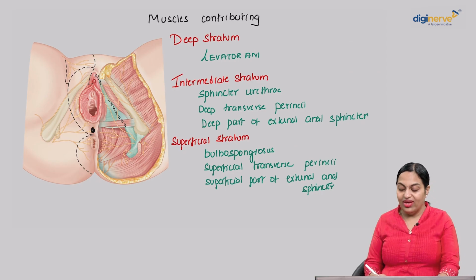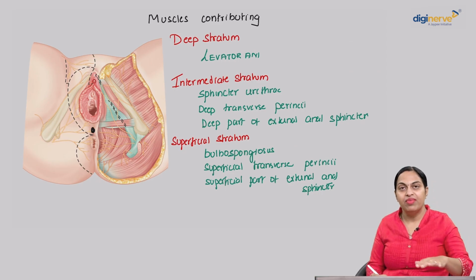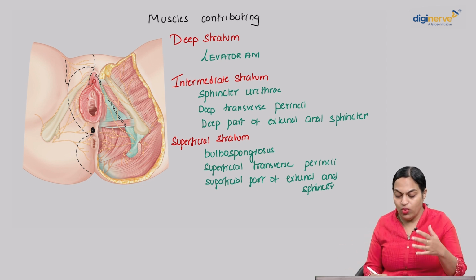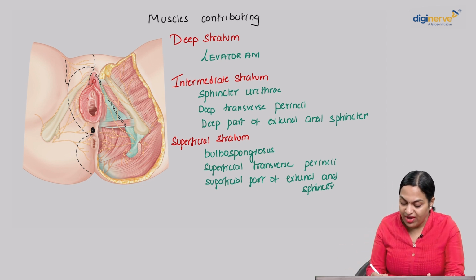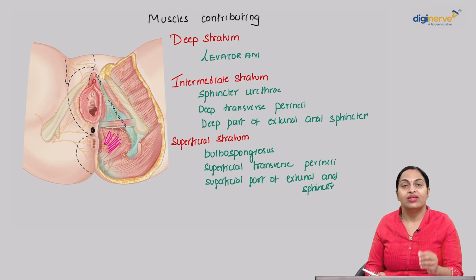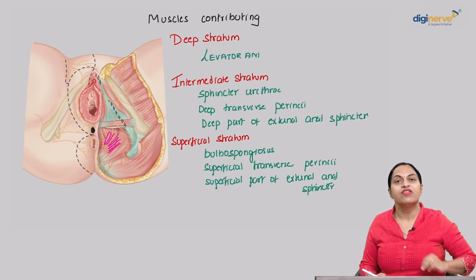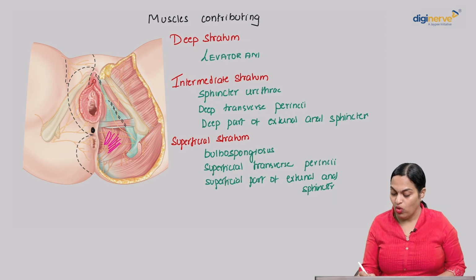It is arranged as a deep stratum, intermediate stratum and the superficial stratum. Over the deep stratum, the fibers of levator ani. And in the intermediate stratum, the deep part of the external anal sphincter and the two muscles present in the deep perineal pouch, what are they?